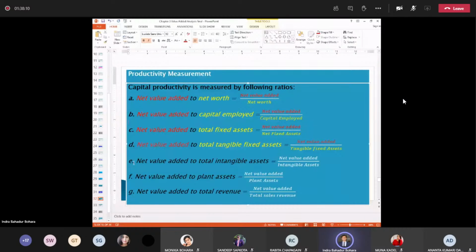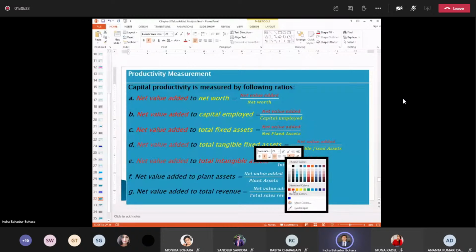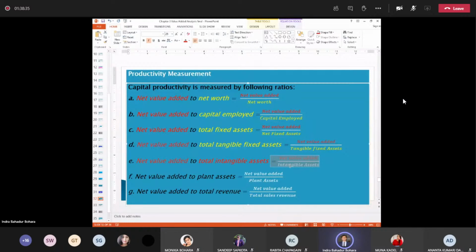Similarly, another is net value added to total intangible assets. Net value added, the first factor, is in the numerator. Total intangible assets mean goodwill, trademark, copyright, patent, franchise, customer relationship, etc. The sum of intangible assets is the second factor, so it should be written in the denominator.